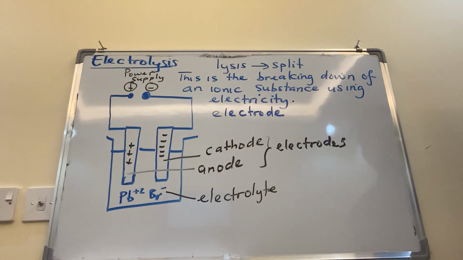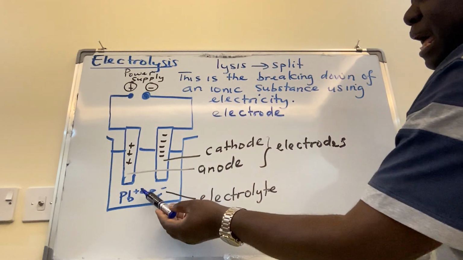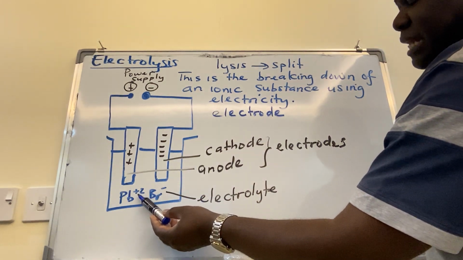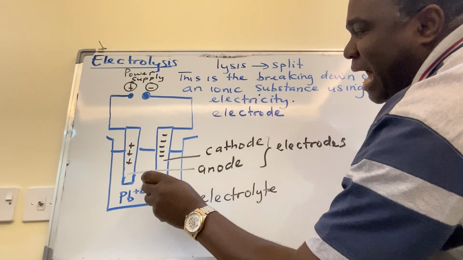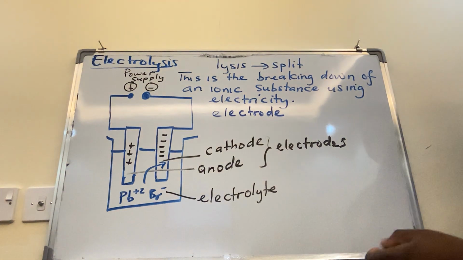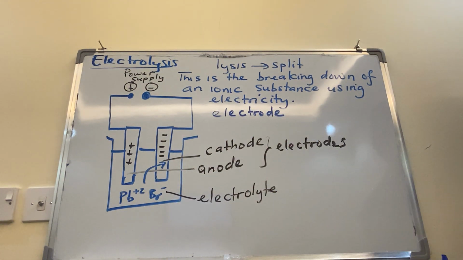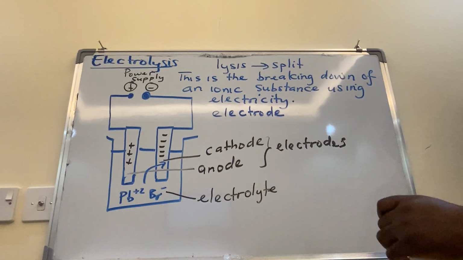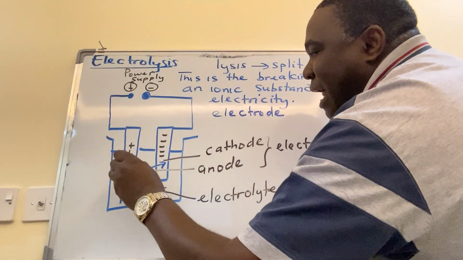You are supposed to remember that your lead is positively charged, so the lead is going to be attracted to the cathode. Why? Because it's positively charged. The bromide ion is negatively charged, so it's going to be attracted to the anode.